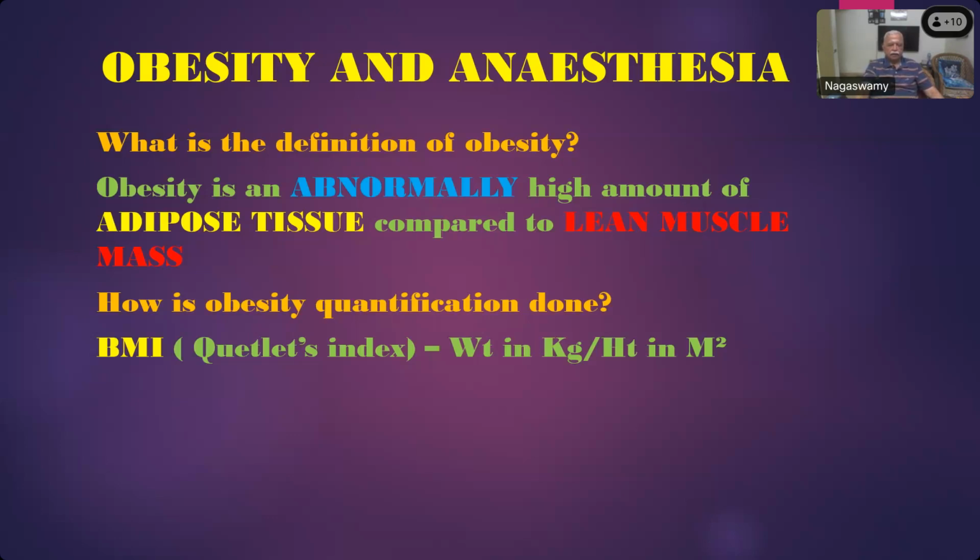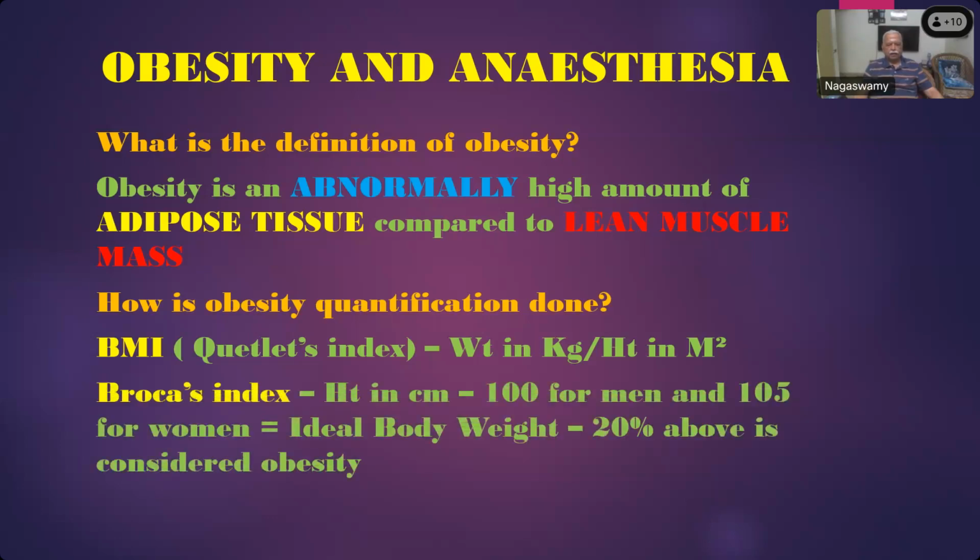Then there is another index called Broca's index. What is that Broca's index? Normally we use this Quetelet index or BMI only for calculating the various classes of obesity. But there is another index called Broca's index, where you calculate the height in centimeters and subtract 100 from that for men and 105 for women.